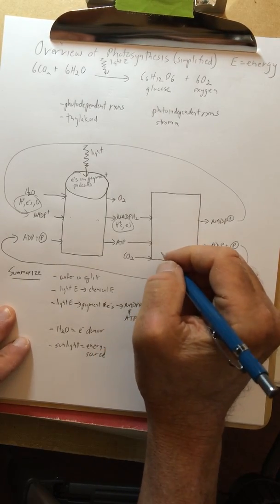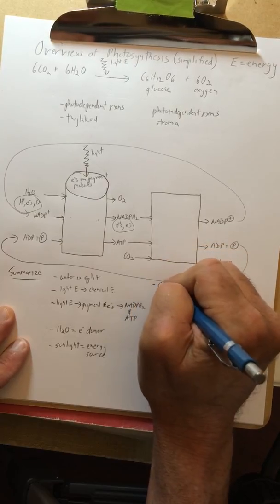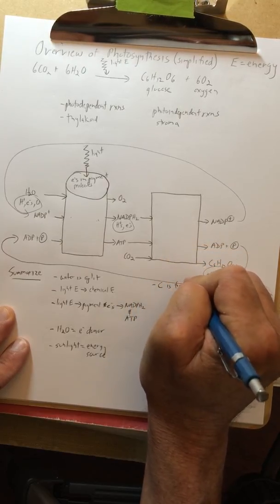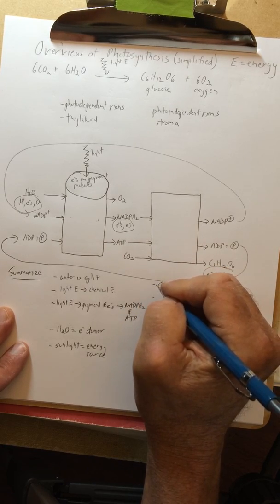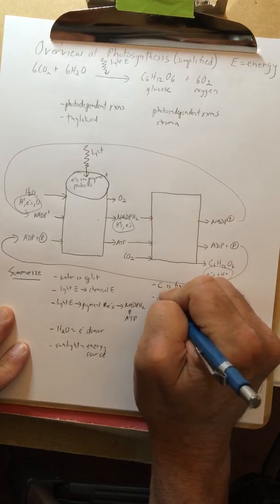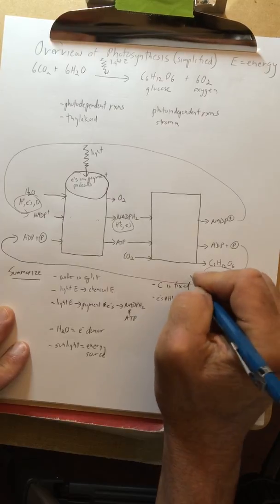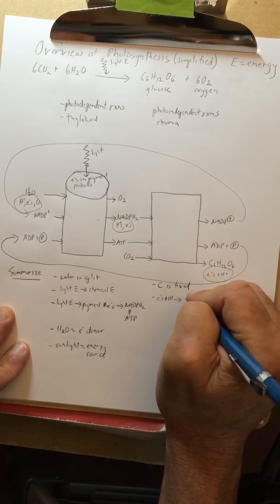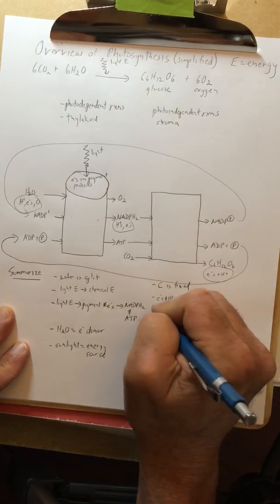And then in the photo-independent reactions, what's happening is carbon is fixed, so that's the conversion again of CO2 to sugar. The electrons and protons, which originally started on water, are going to C6H12O6.